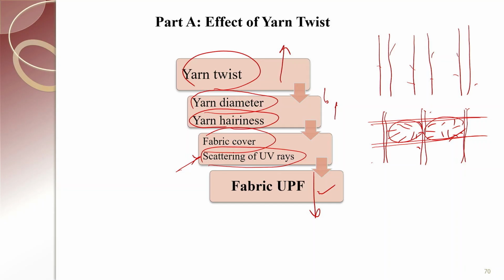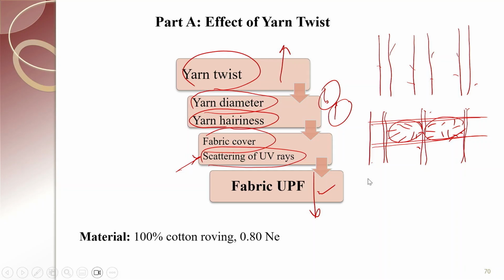So, let us see the impact of these two opposite phenomena, reduction in yarn diameter and increase in yarn hairiness, on how UPF gets affected.